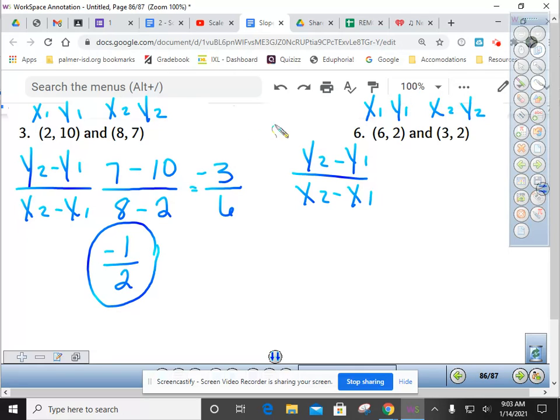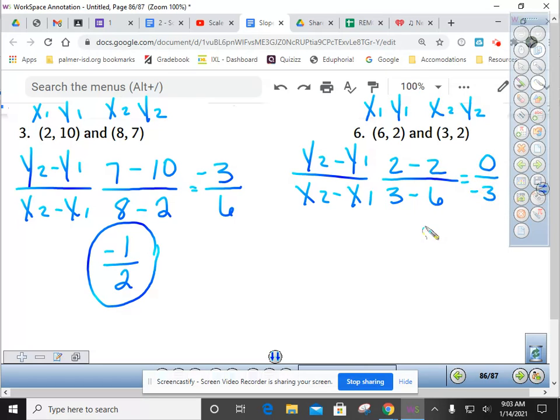What's Y2? 2 minus 2 divided by 3 minus 6. What's 2 minus 2? 0. What's 3 minus 6?